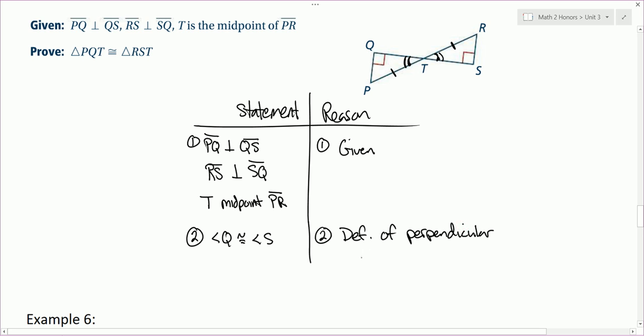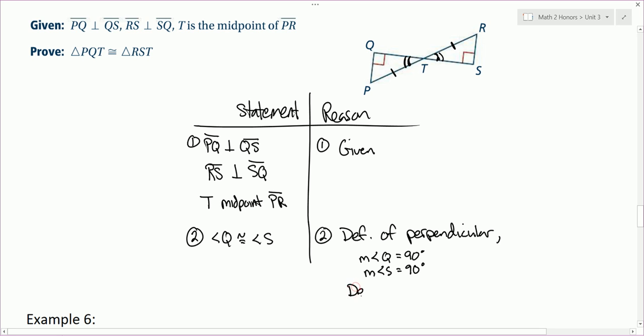So from that definition, we get that the measure of angle Q is equal to 90 degrees, and also that the measure of angle S is 90 degrees. That's what it means to be perpendicular. Also, to add to our list of reasons, because the measure of the angles are equal to each other, we can say they're congruent because that's the definition of angle congruence.